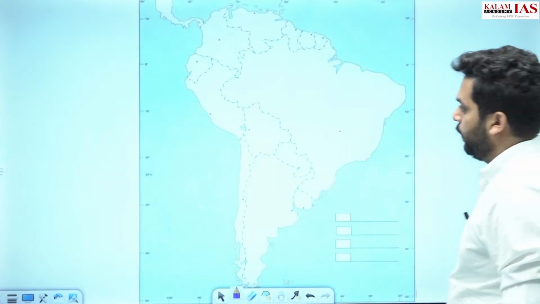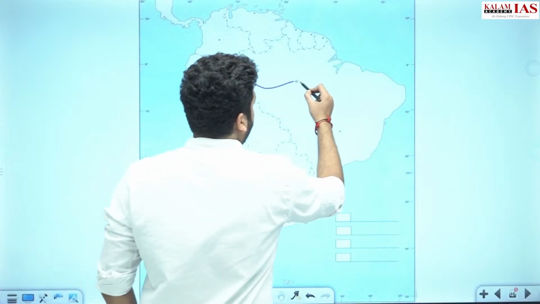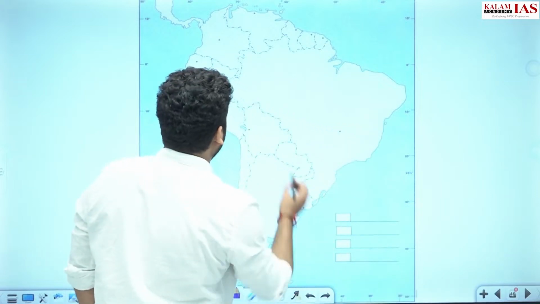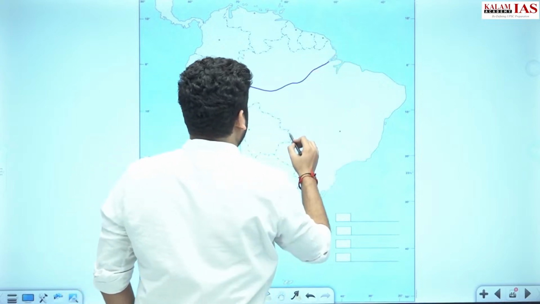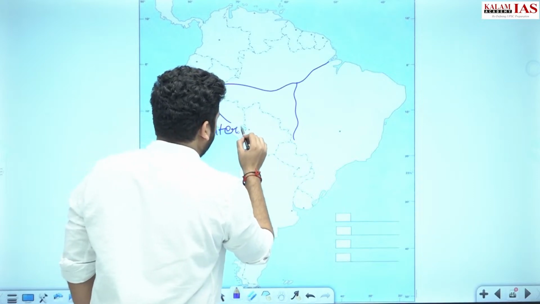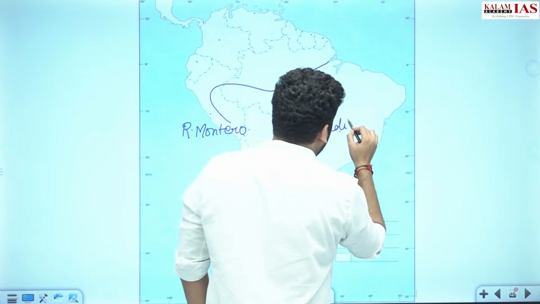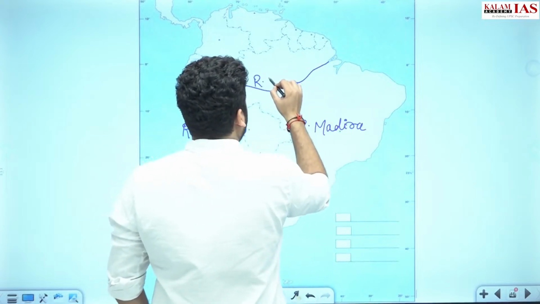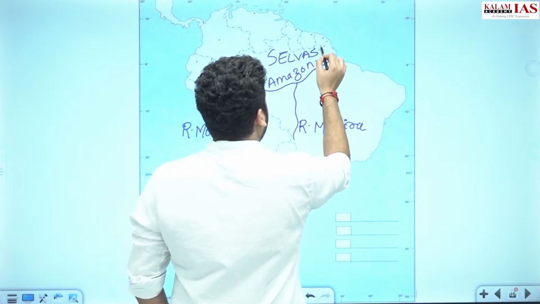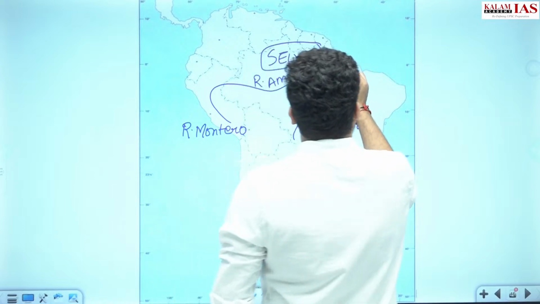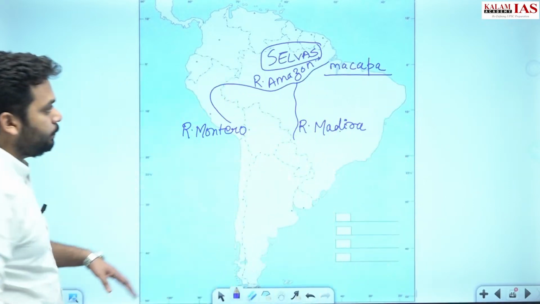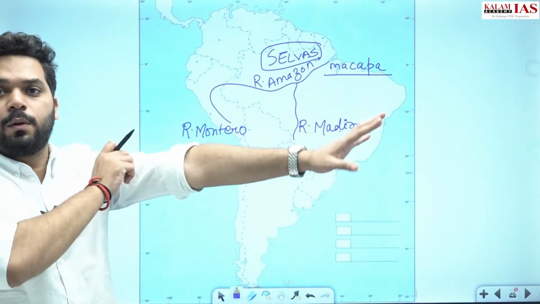The rivers of South America. This is River Amazon, the largest river in the world in terms of volume.